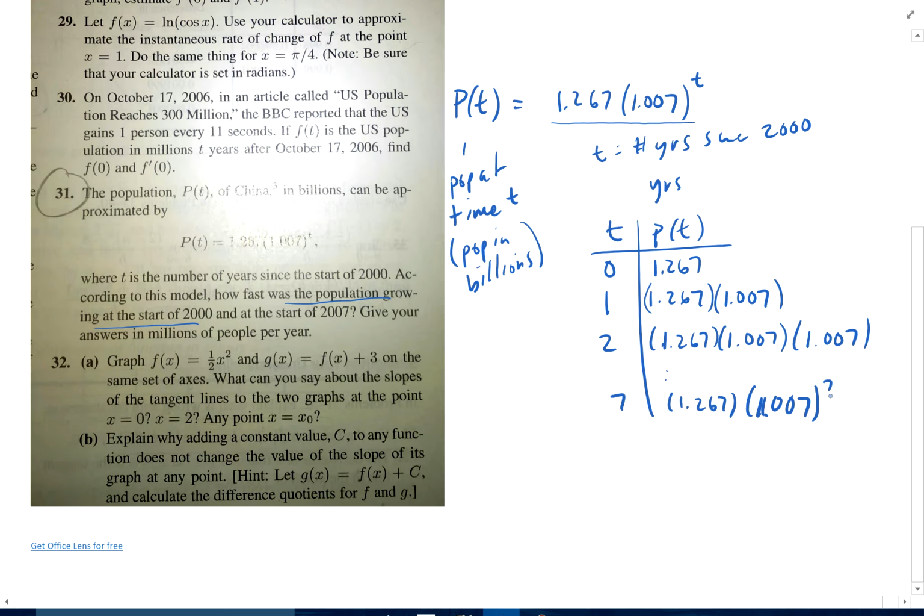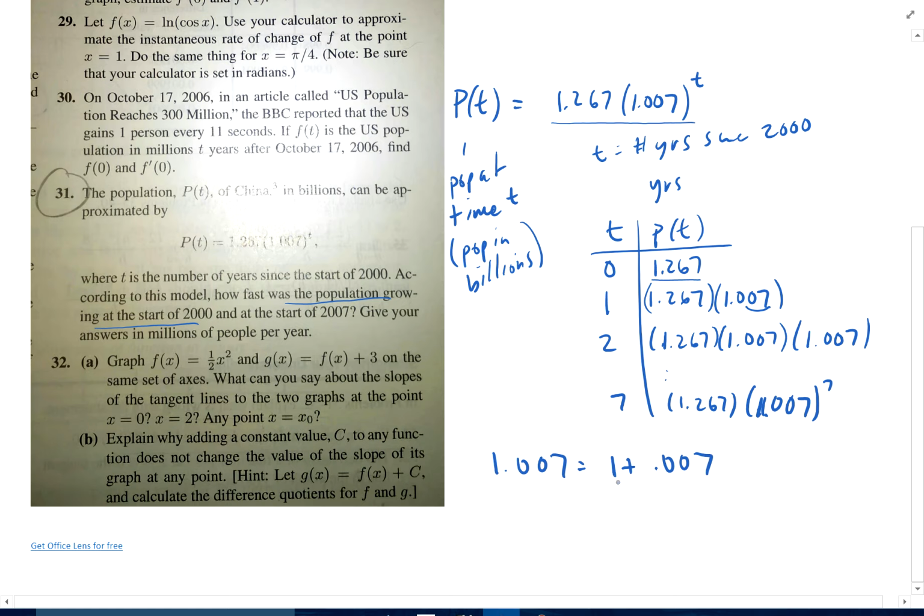So what's happening to the population? How fast is the population growing each year? Is what it's asking, in millions of people per year. So by multiplying by 1.007, that's increasing this number by 0.7%, it looks like. How do I know this? Because 1.007 is 1 plus 0.007.